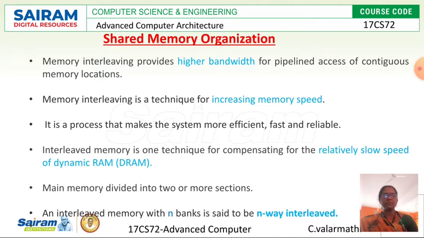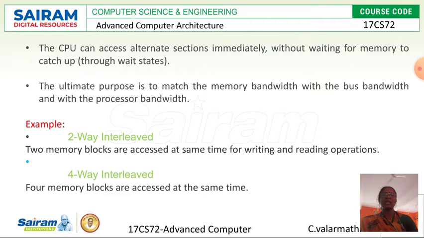In memory interleaving, if your main memory is divided into n number of blocks, that memory is called n-way interleaved memory. So the main memory is divided into two or more sections. If your memory has n number of banks, that memory is called n-way interleaved memory. Some examples are given here.